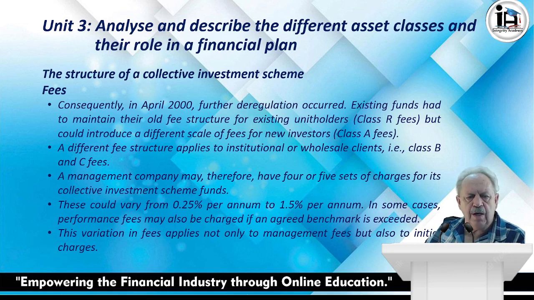They could vary anything from 0.25% per annum to 1.5% per annum. In some cases, performance fees may also be charged if an agreed benchmark is exceeded. This variance in fees applies not only to management fees but also to the initial charges.